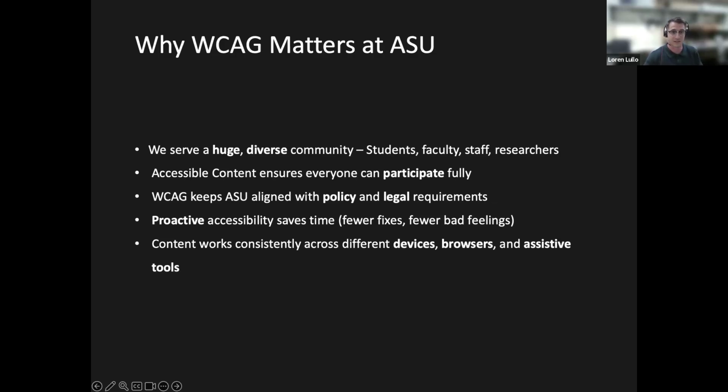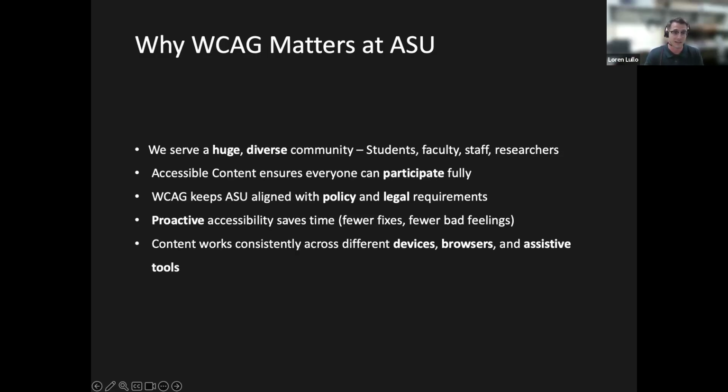Accessible content ensures everyone can fully participate. I like to think about the example of someone with a brilliant mind with so much to contribute, and they're stopped by something as small as a keyboard or a mouse, an input device. Just how a little barrier like that once stood in the way of so many great people being able to be involved. That's definitely something we want to continue to avoid.